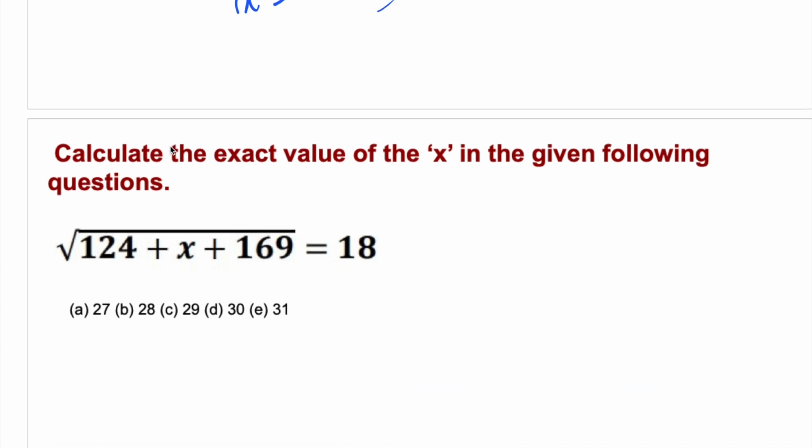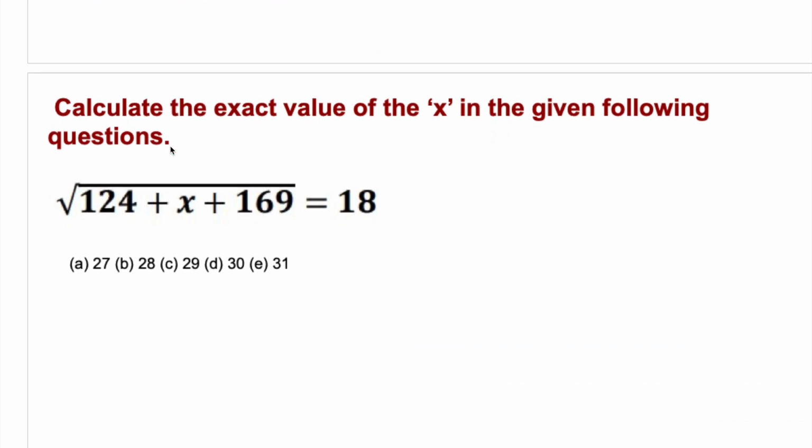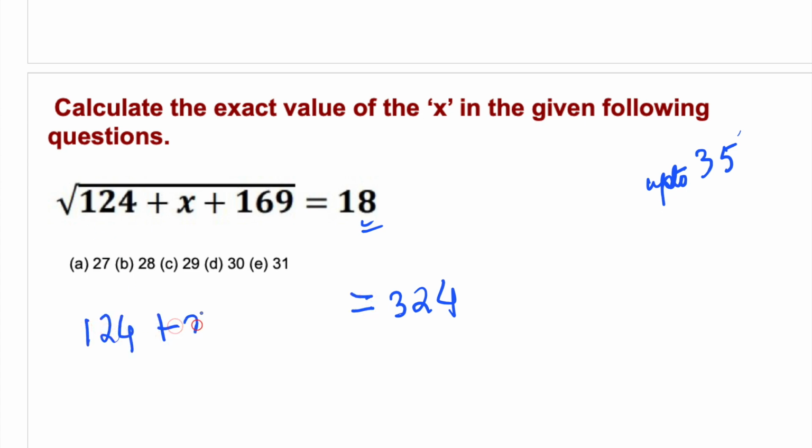Next, root over 124 plus x plus 169, the entire thing under a root, is equal to 18. So what is 18 square? 18 square is 324. Now please memorize squares up to 35. So 324 is equal to 124 plus x plus 169.